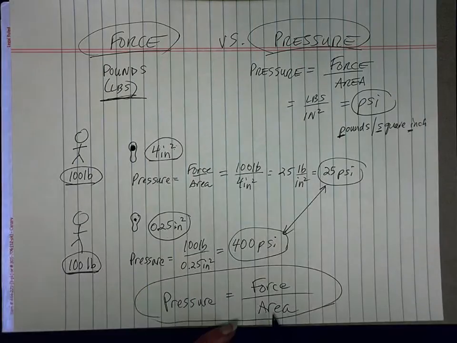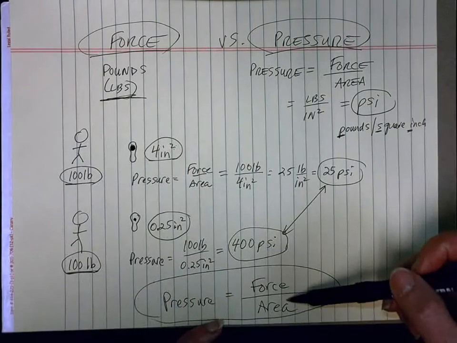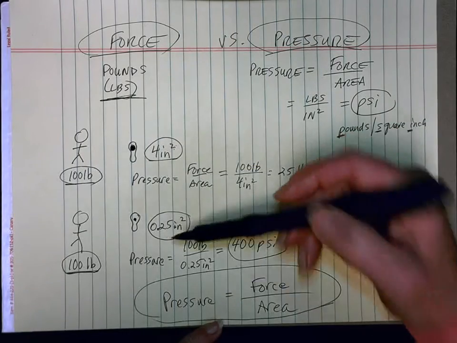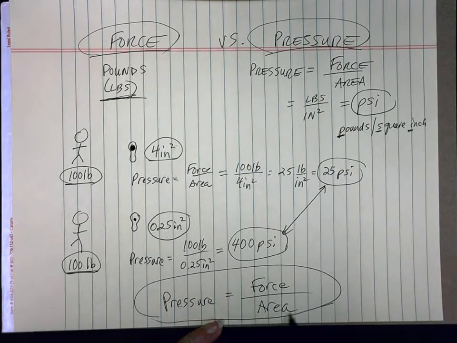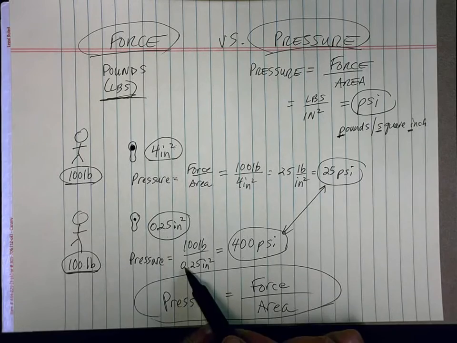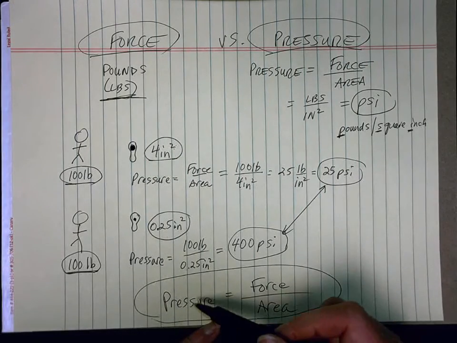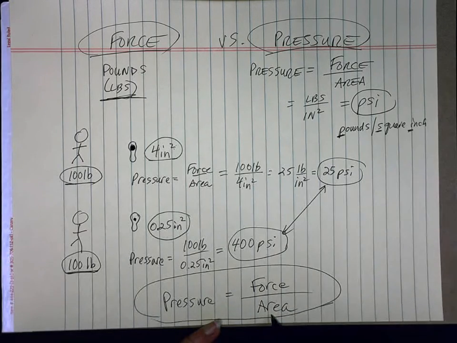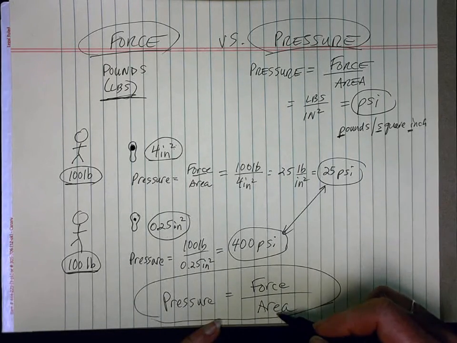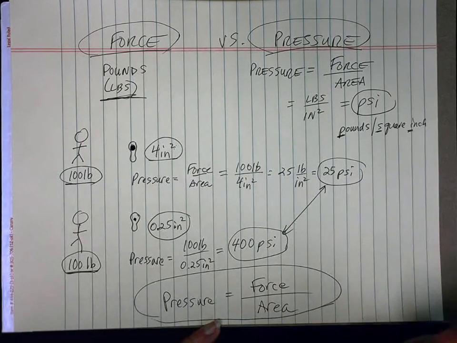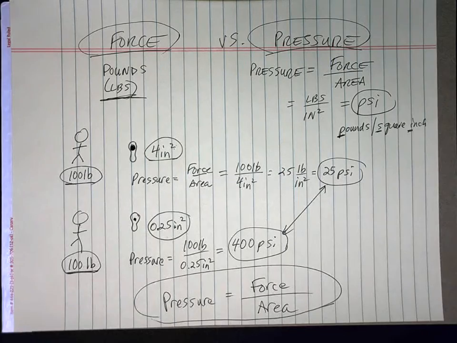That's because in this mathematical equation, when we decrease the area from 4 inches squared to 1/4 of an inch squared, we decrease this denominator, which of course makes this side get bigger, which makes that side get bigger. So pressure is directly related to force. It's inversely related to area. As the area over which force is applied increases, the pressure decreases. You need to understand what's going on there.